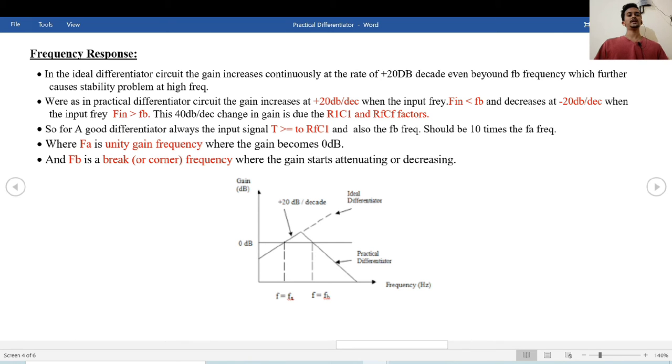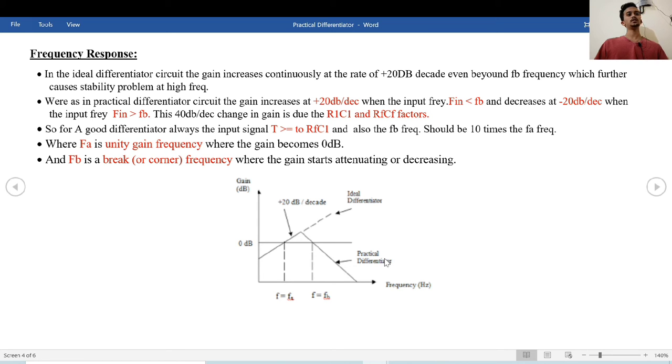Whereas in a practical differentiator circuit, the gain increases at plus 20 dB per decade when the input frequency is less than FB, and decreases at minus 20 dB per decade when the input frequency is greater than FB. Thus this 40 dB change in gain is due to the R1 into C1 and RF into CF factors.